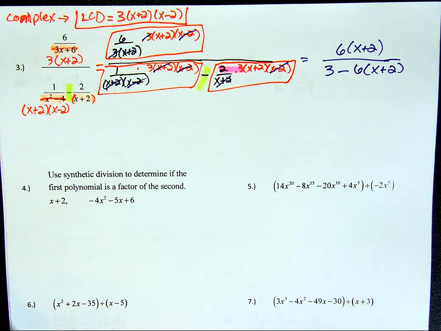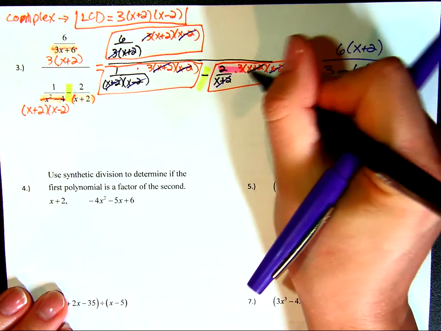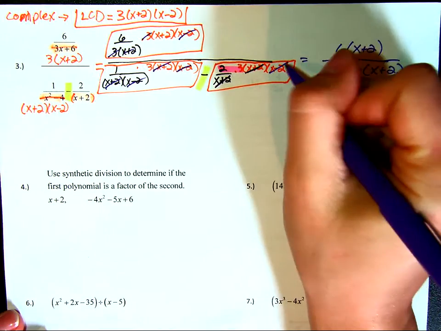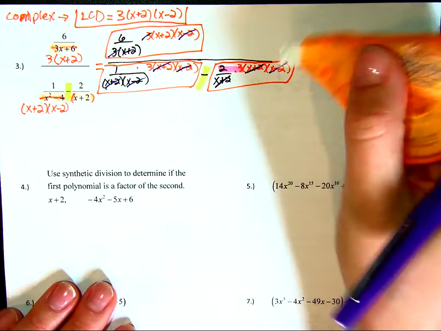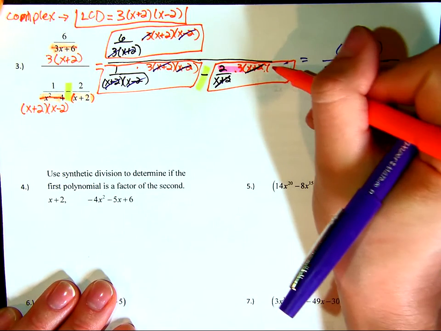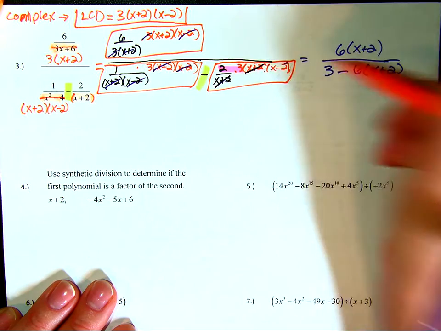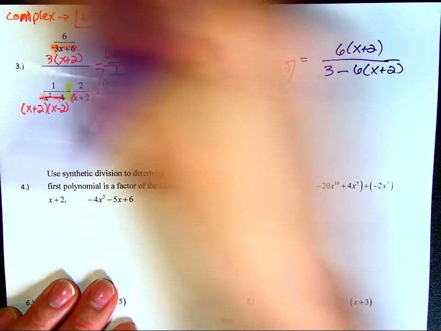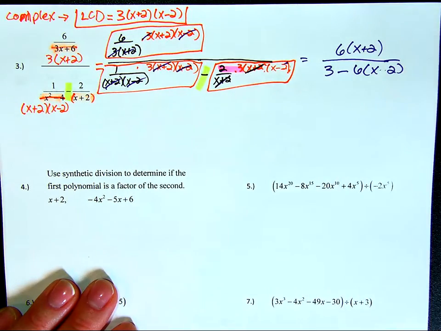Actually, I just realized I canceled that out incorrectly. I should have canceled out the x plus 2's, so this x minus 2 should have still been there. So just make sure you're careful when you cancel things out. This one should have been not x plus 2, but x minus 2.